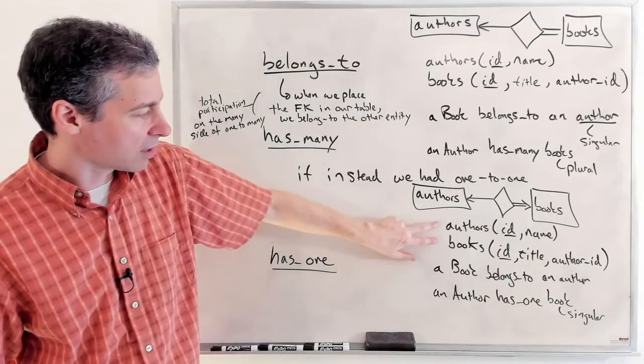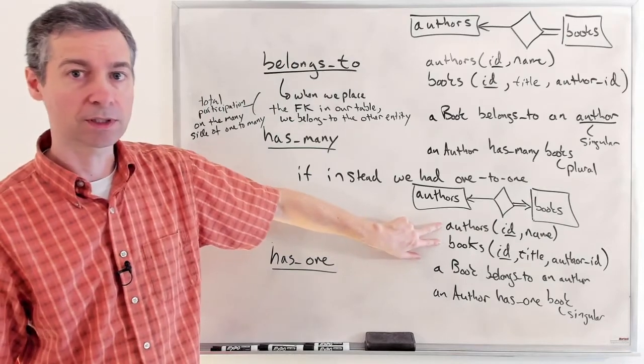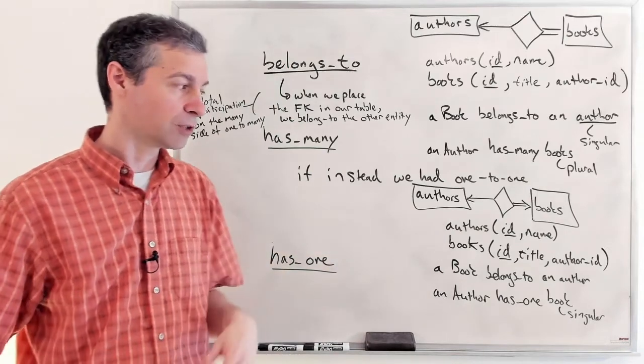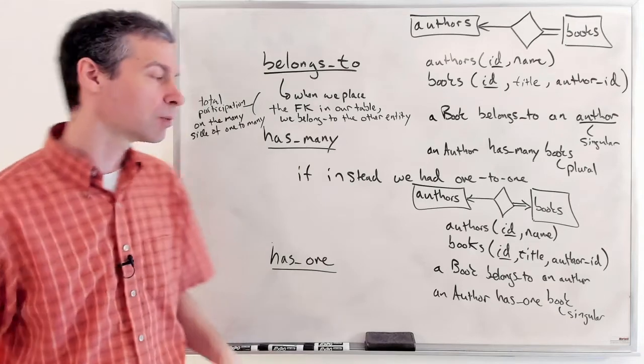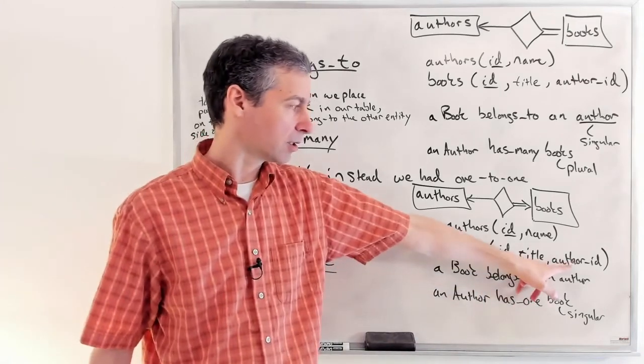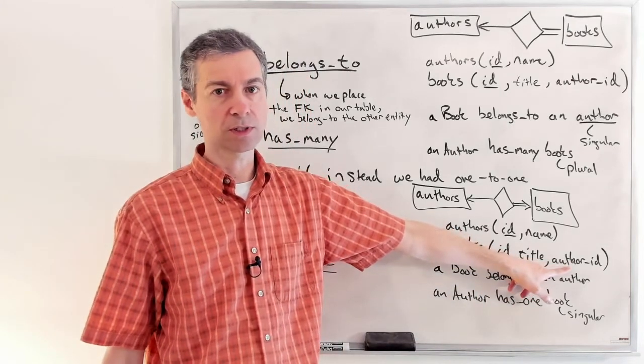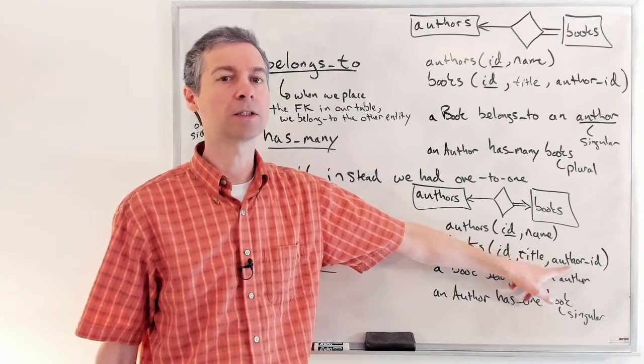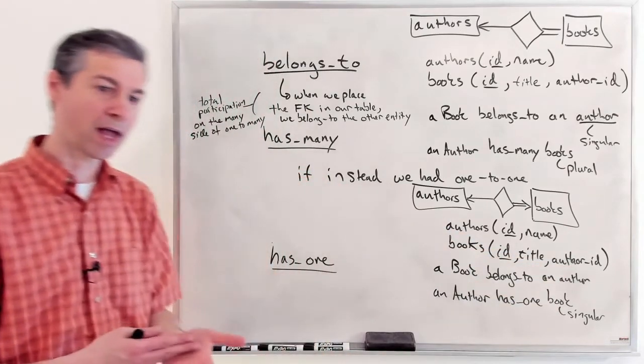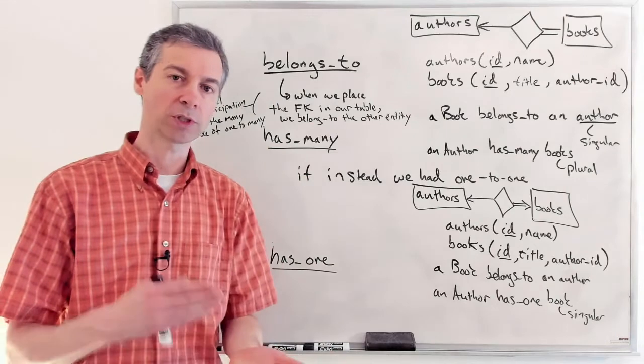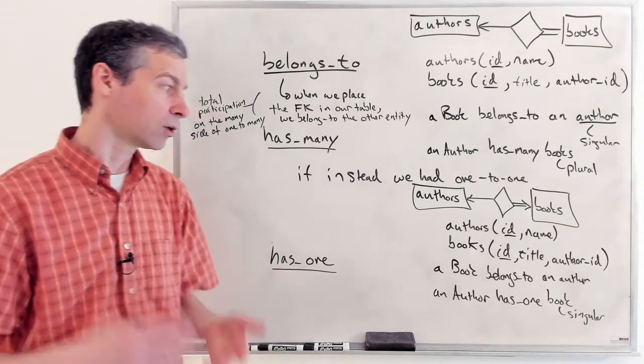When we actually set up the schema in the database, to enforce this notion, we would need to put an index with a unique constraint on the author ID column to make sure that absolutely only one book ever had one author ID.